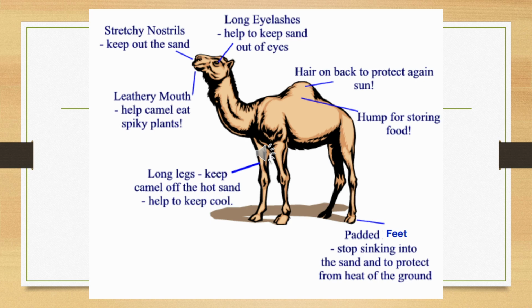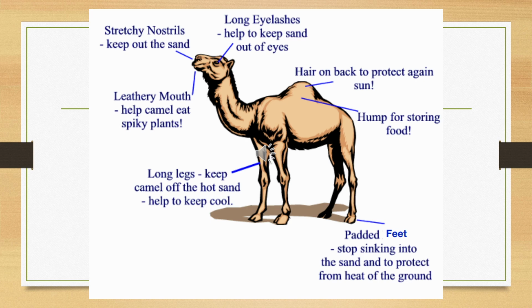And the only big animal that can live for a long time in those conditions is the camel. Why? Because if you look at this slide, you can see how the camel's features or body is adapted to the conditions in the desert.